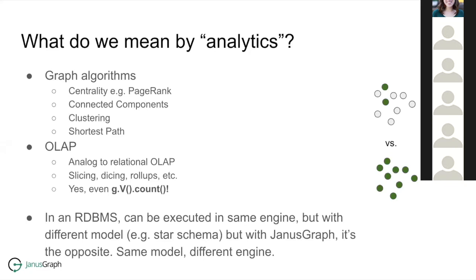The second category, I'm just going to call OLAP, which sometimes these two things get conflated. But OLAP, at least how I'm talking about it here, is more akin to what you'd be used to running over in the relational database world.